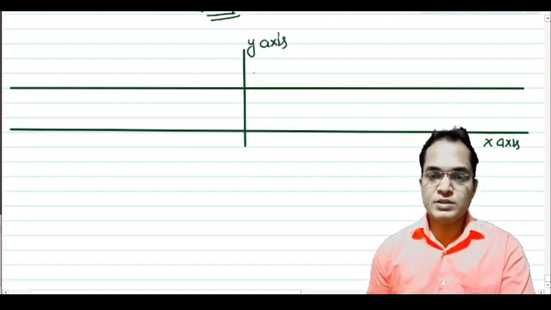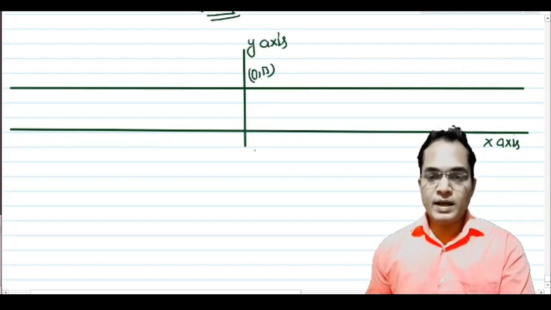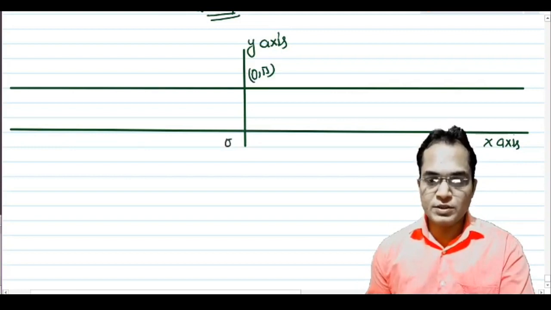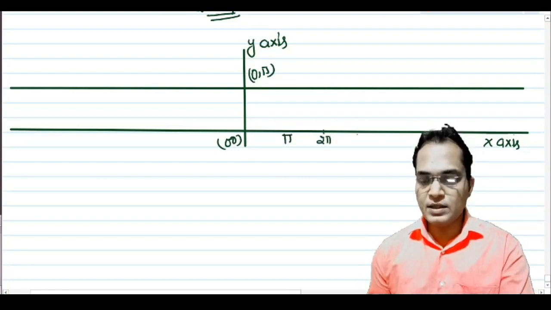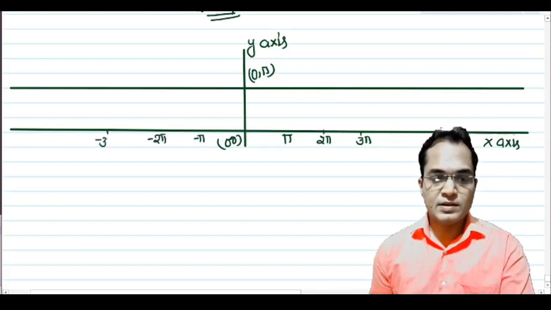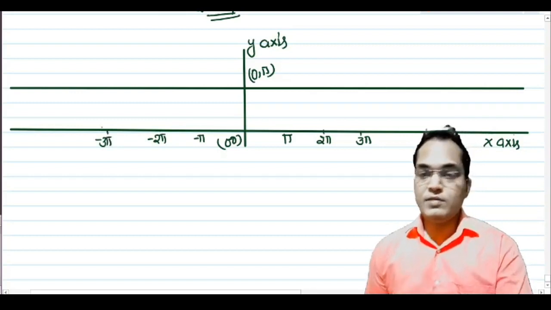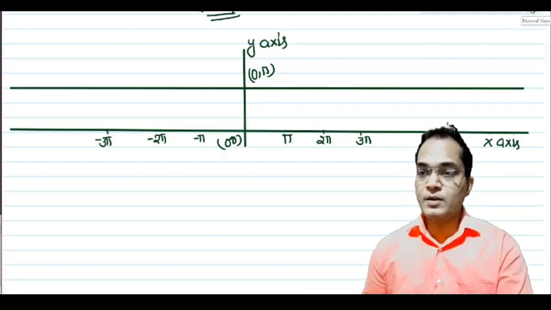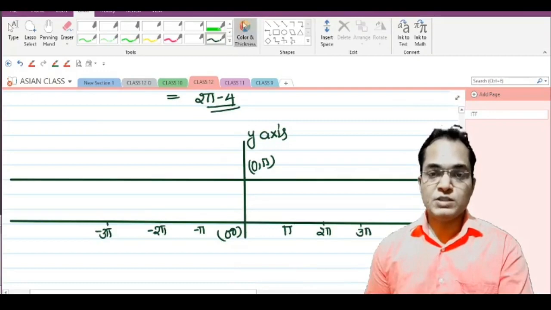And this is the point 0 comma pi. This is the origin 0 comma 0, and now this is the point pi, then 2 pi, then 3 pi. Similarly it is minus pi, minus 2 pi, and here minus 3 pi. Got it?